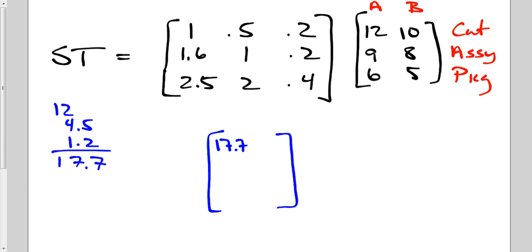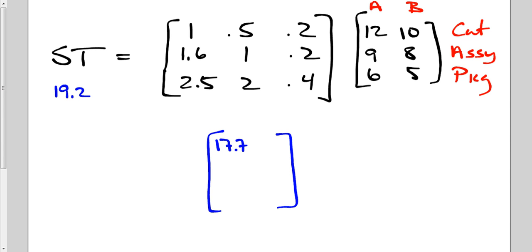Okay? Now, I'm going to take column A again and multiply it by this row. 12 times 1.6, this equals 19.2.